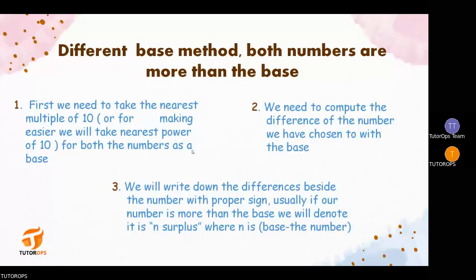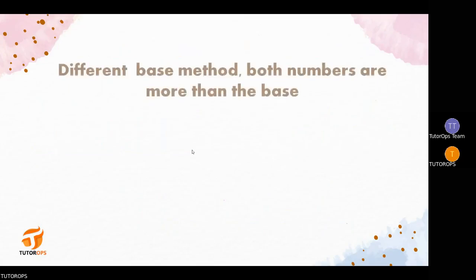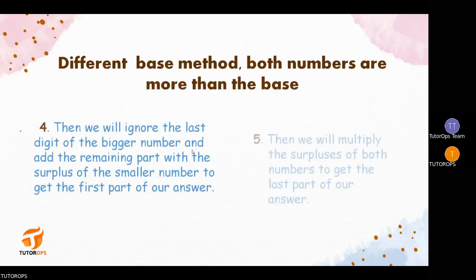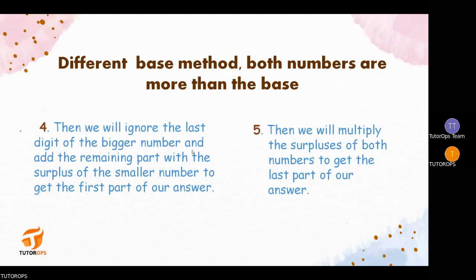Now we need to compute the difference of the number we have chosen with the base. Similarly, we will write down the differences beside the numbers with the proper sign. Usually, if our number is more than the base, I repeat, we will denote it as a surplus, and if it is deficient, I will write it as a deficiency. Then, for this particular method, I will ignore the last digit of the bigger number. But why am I ignoring the last digit of the bigger number? Because for the smaller number, the base is different.